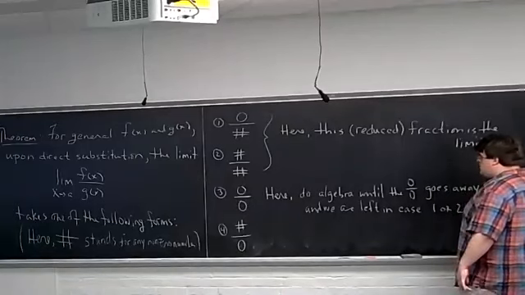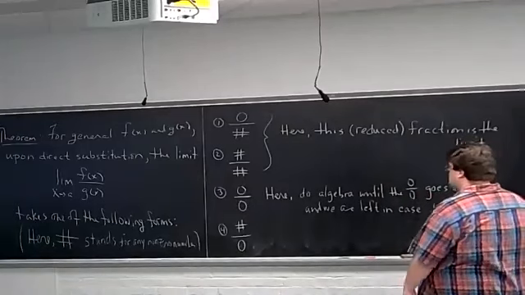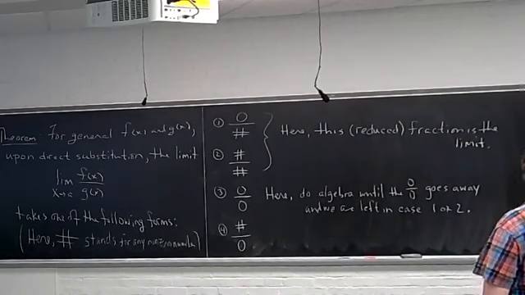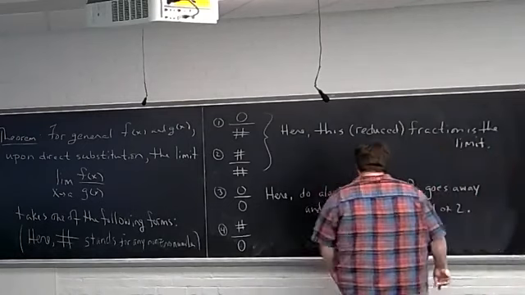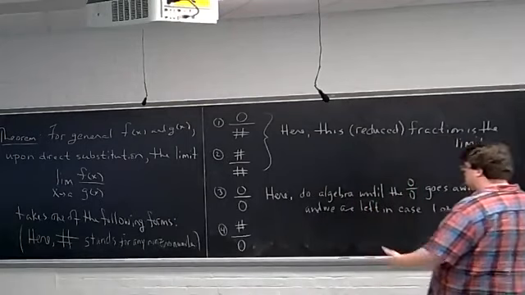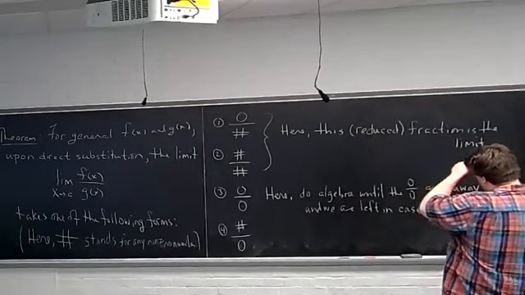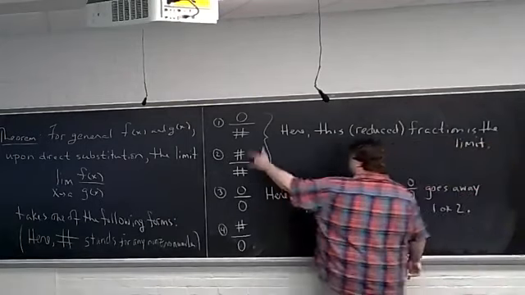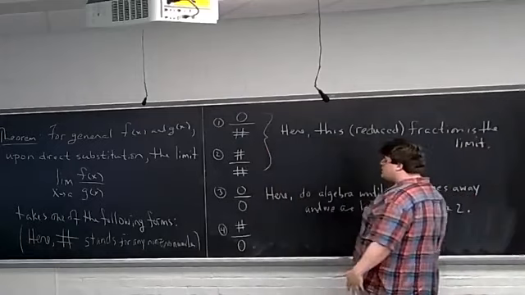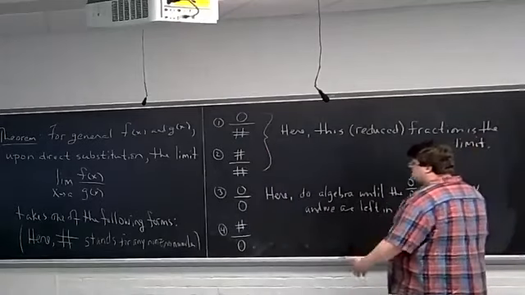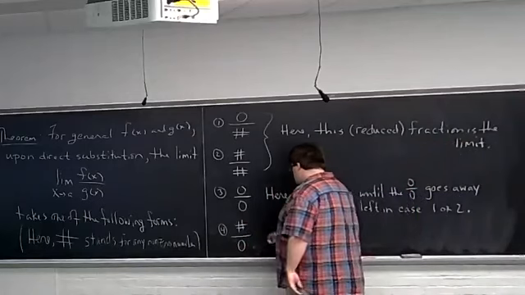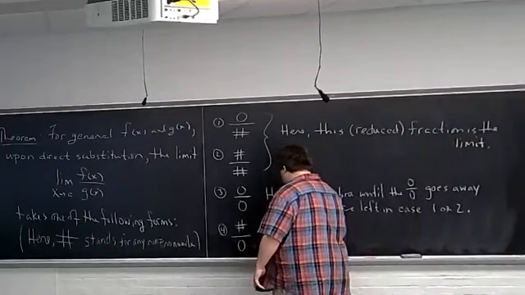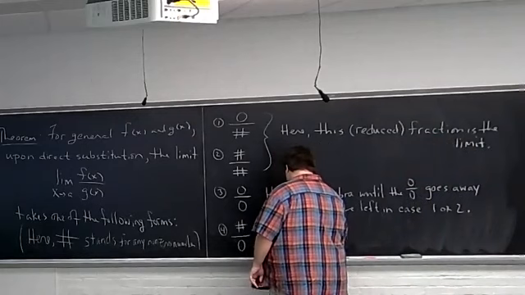And we're going to do several examples. Most of them will involve case 3. But if you do a substitution and get a 0 over a 0, we have to do algebra. If you do a substitution and get 0 over a number or a number over a number, that's your limit. Now what about this last case? You get a number in top and a 0 in the bottom. We'll look at this case later today.